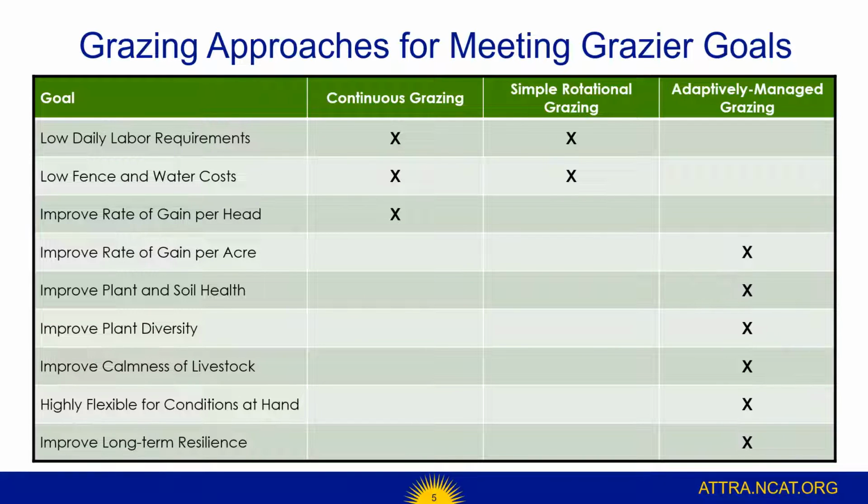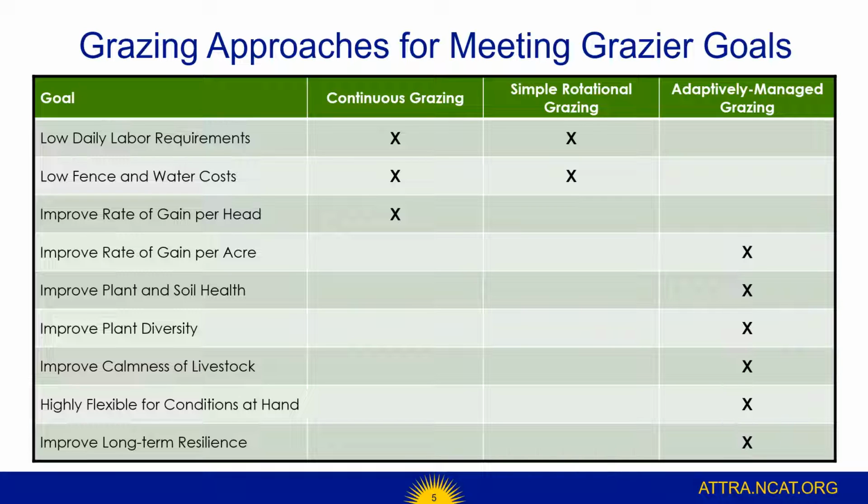And so when we're looking at trying to improve that long-term resilience, continuous grazing isn't going to give that to us if we've got a bunch grass dominant plant community. That's not going to happen.